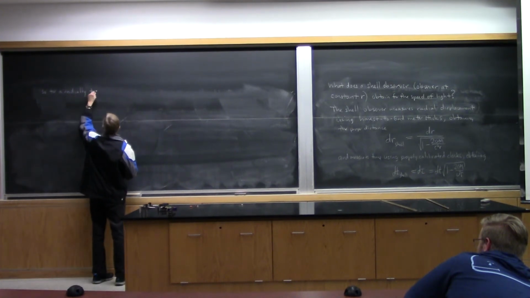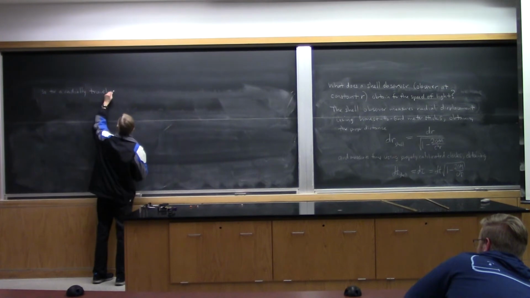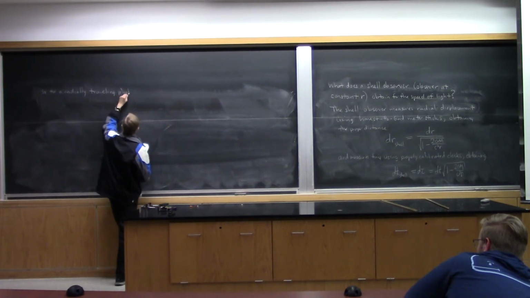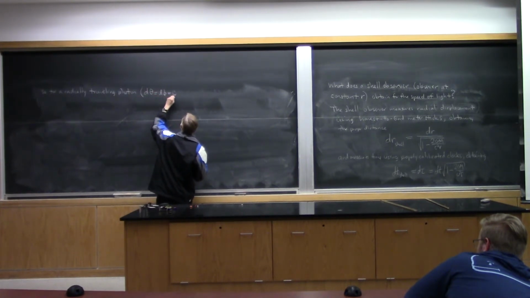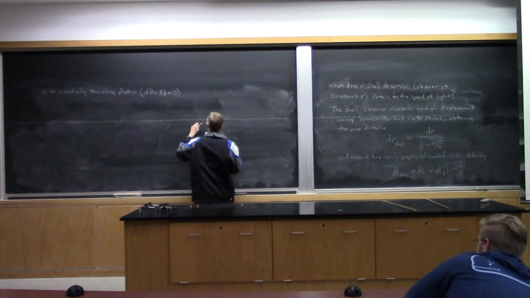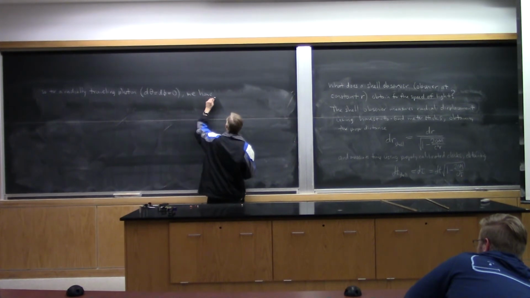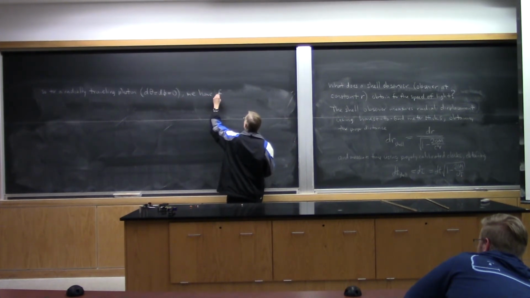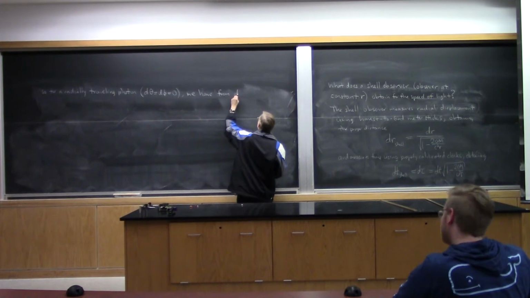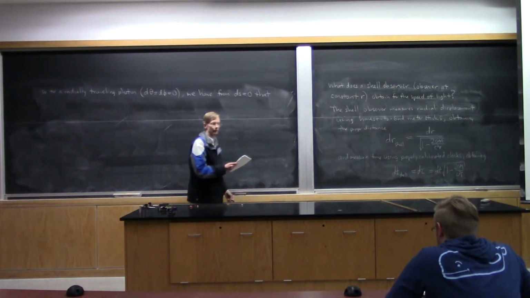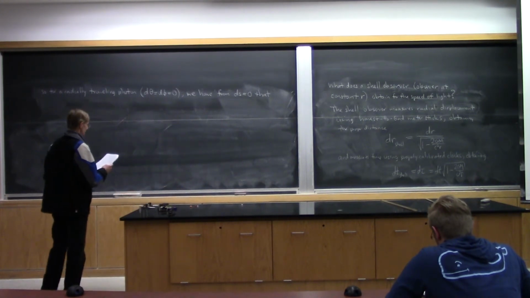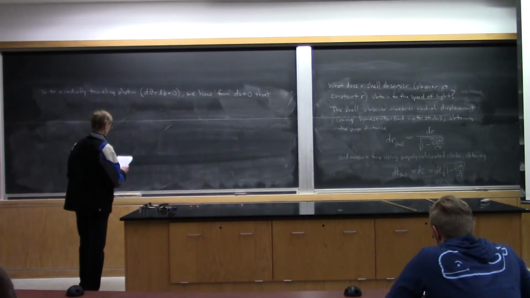So for our radially traveling photon, d theta equals d phi equals 0, and ds will be 0 along the photon world line again.